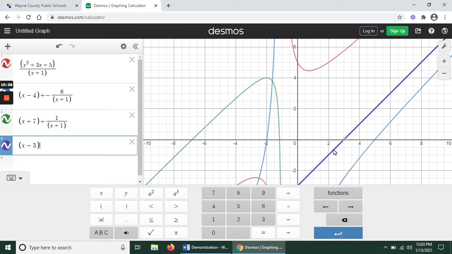That is the graph for the expression x take away 3. All right? Now, the graph in purple is different from the graph that is in red, which means that C is not the answer.